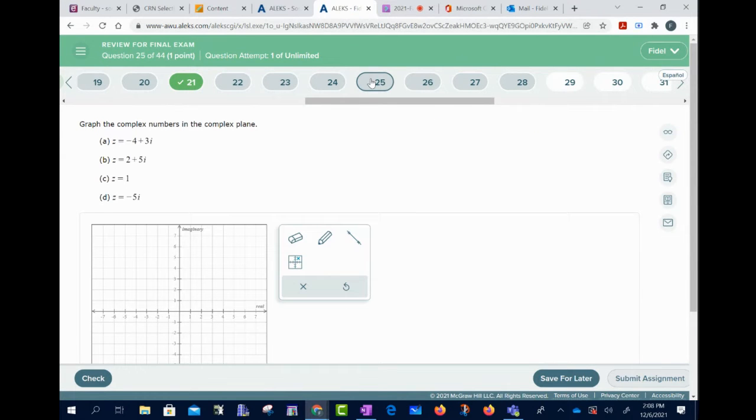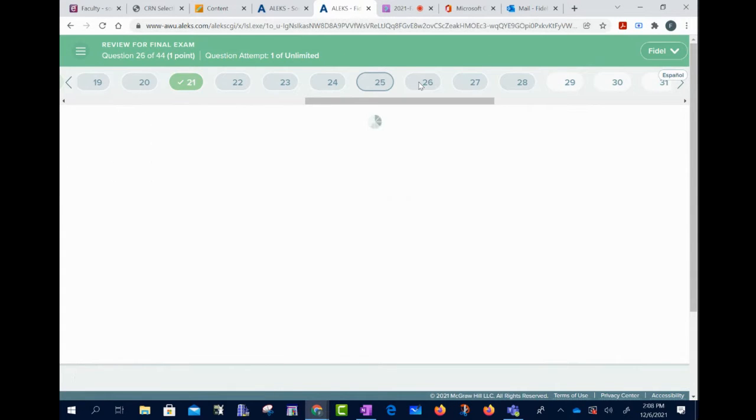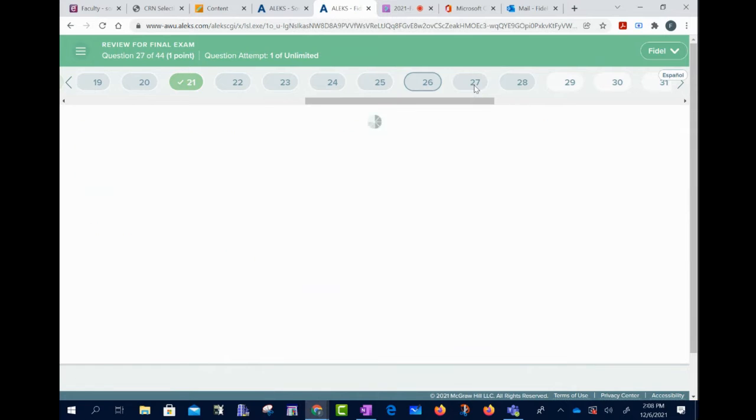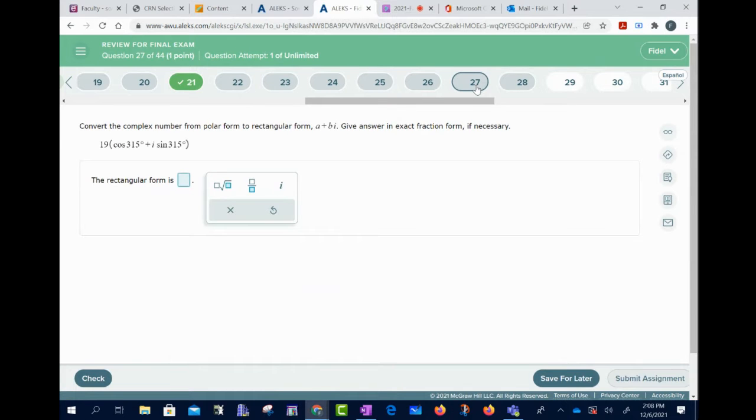I think we're probably pretty good with graphing numbers in the complex plane. I understood that part. Let's see. How do we write it in polar coordinates? Okay, how do we go from polar to rectangular form?